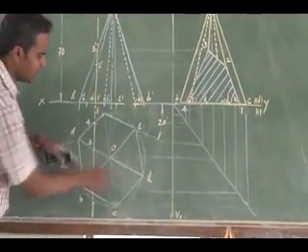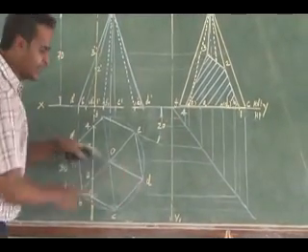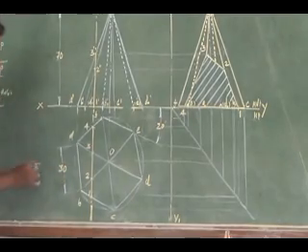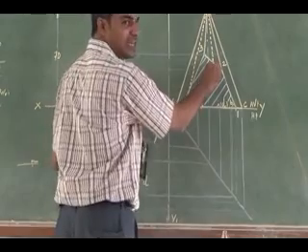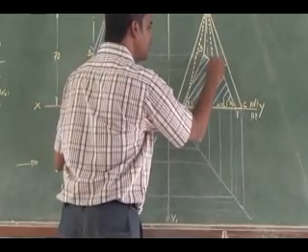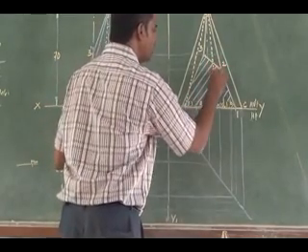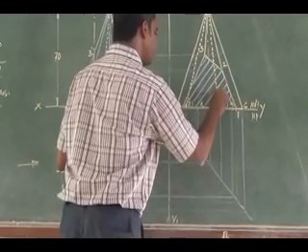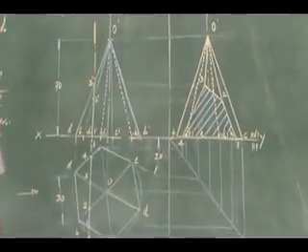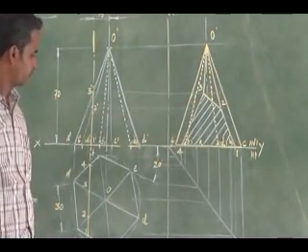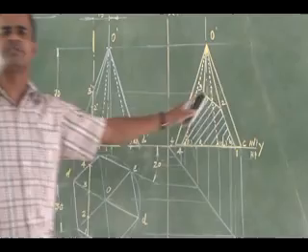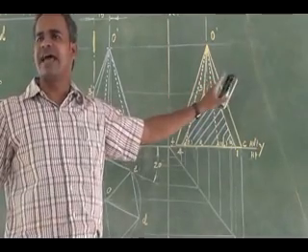Similarly, this edge is hidden when looking from the side view. So D2O, up to this is hidden. The hidden portion has to be shown as dashed lines. Right. So this edge will stop up to this. Clear? This is my sectional side view.